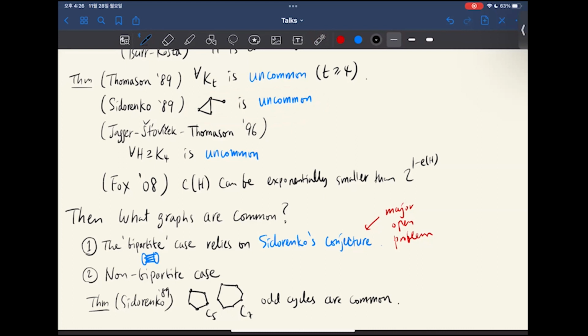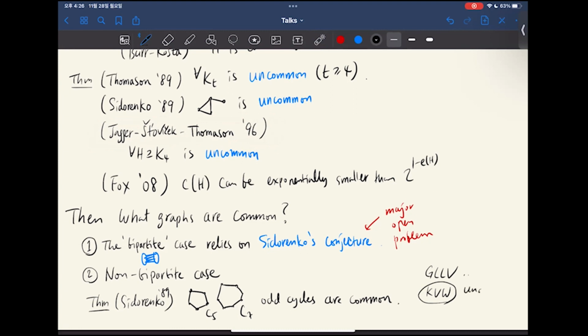There are many other results. There are other examples of common graphs found by Jagger, Stobicek, and Thomason, for example, and other examples found recently by Jessic, myself, Lidicky, and Volec, and there is a recent breakthrough by Kral, Volec, and Wei.